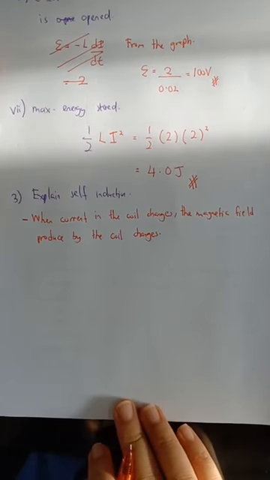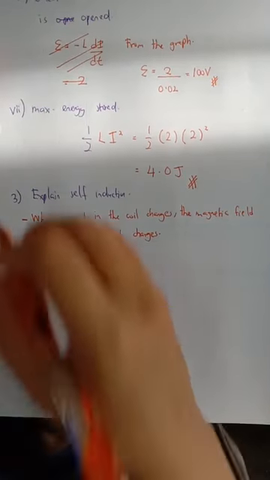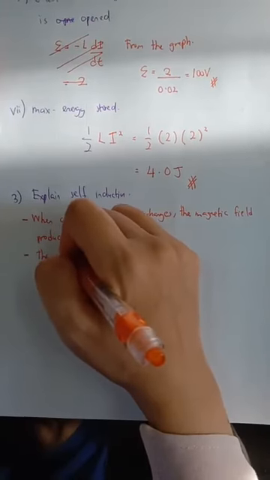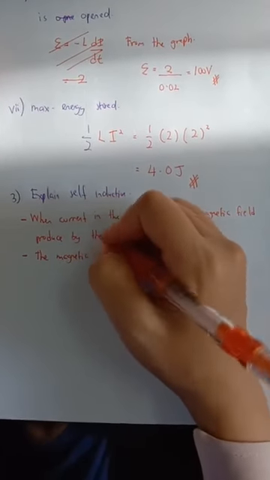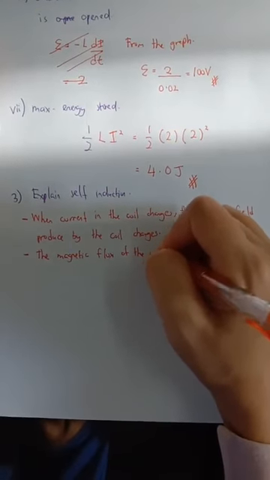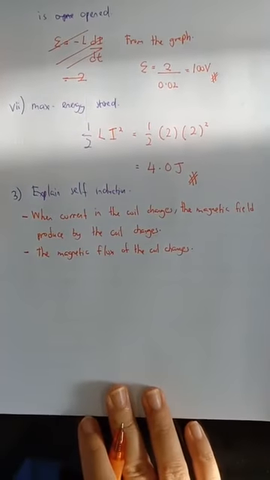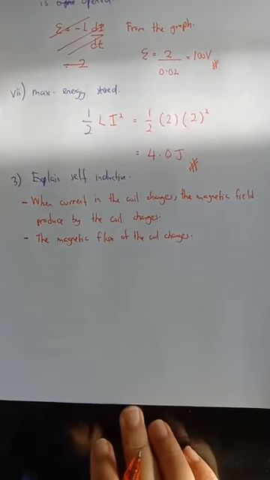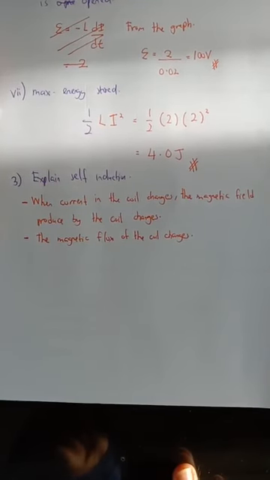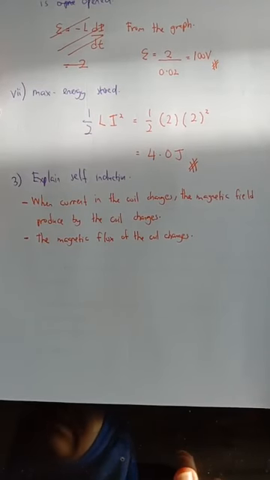When current in the coil changes, the magnetic field produced by the coil changes. Then the magnetic flux of the coil changes. Okay, first current changes, then magnetic field produced by the coil changes, then magnetic flux of the coil changes.